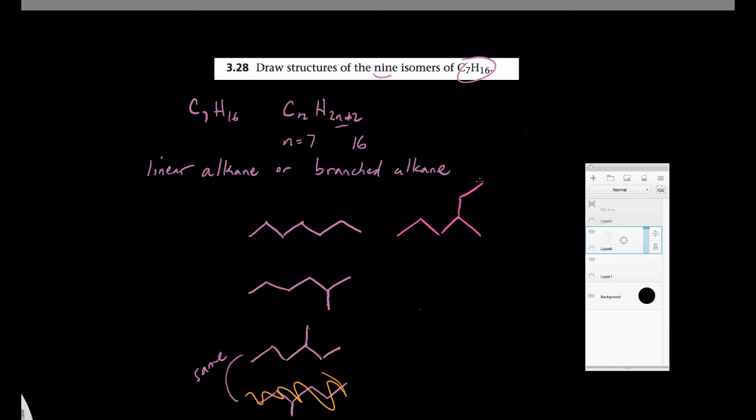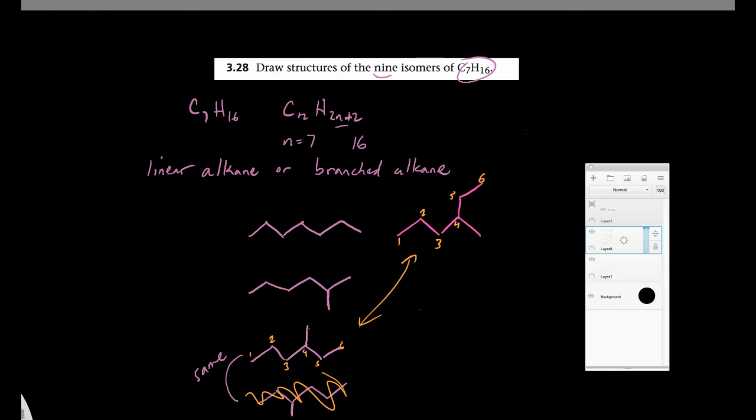So notice that this and this are the same thing too. So we can draw, if we number the carbons, 1, 2, 3, 4, 5, 6. We have a methyl on the 4-carbon, but we can also do it here. 1, 2, 3, 4, 5, 6. So these are also the same.